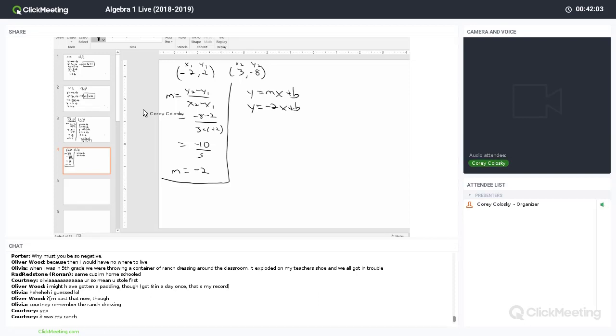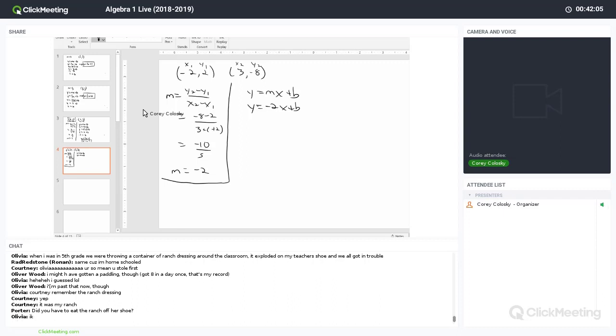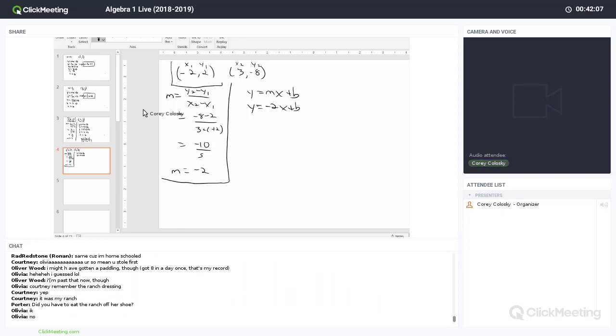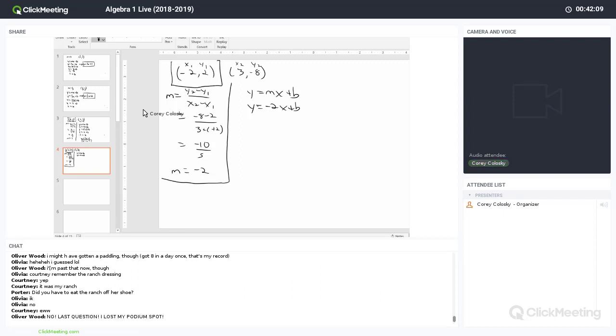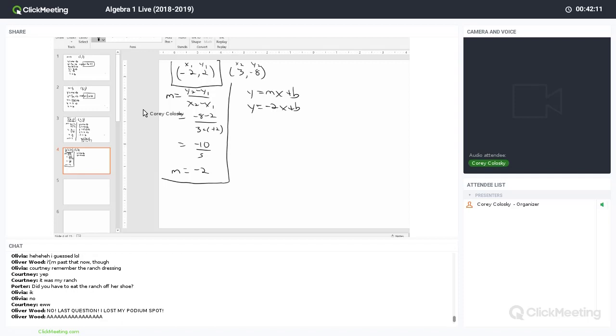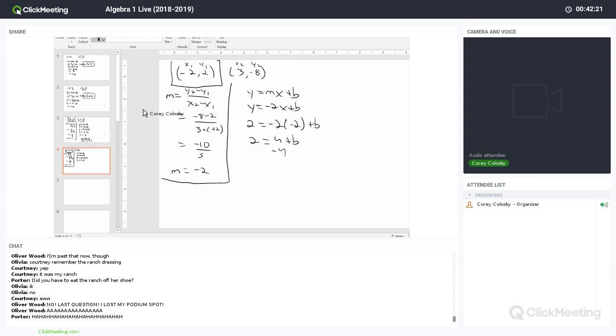So now we just need to figure out what is b. We can plug in either of these points. Let's pick the first one just because the numbers are a little smaller. So y is 2, x is -2. So plug those in. So 2 equals 4 plus b. Solve for b by subtracting 4.